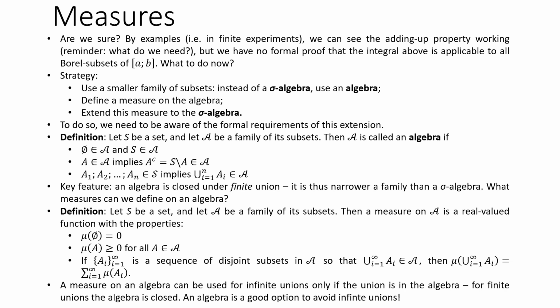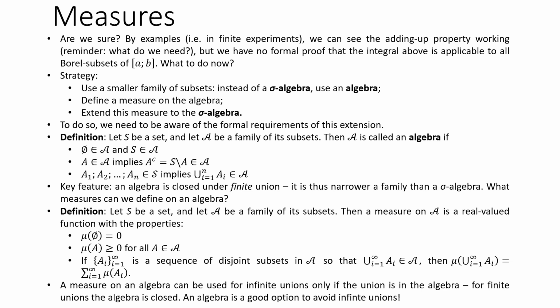So first of all, let's define algebra. It's very similar to the sigma-algebra. You can see that the empty set and the whole state space are in the algebra. It is closed under complementation, but the third feature is the most important. The algebra is closed under finite union.